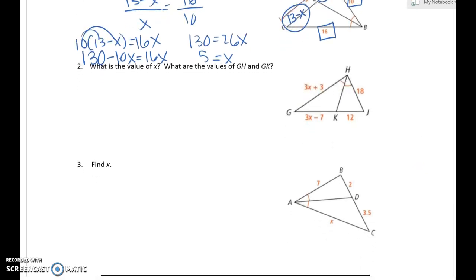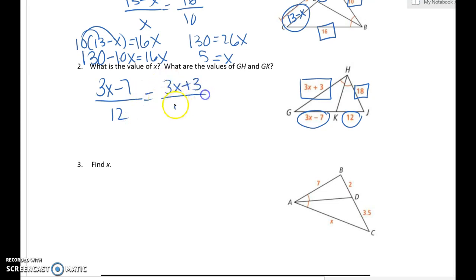So number 2, we can compare 3x minus 7 to 12, and 3x plus 3 to 18. So 3x minus 7 over 12 equals 3x plus 3 over 18.